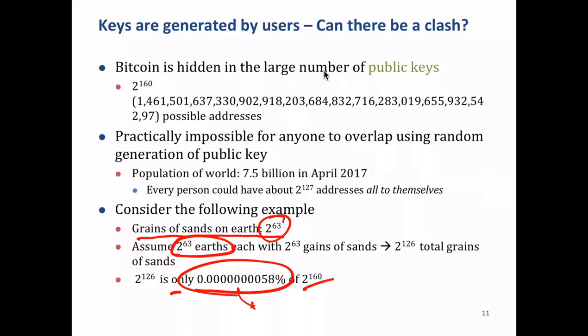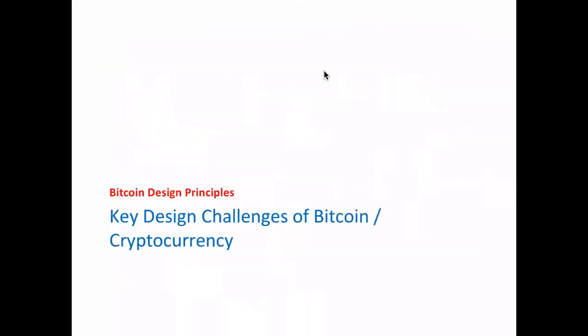So basically, although you are generating keys randomly, the probability of two people having the same key is very, very small. If it happens, it's your bad luck, or the bad luck of that person who also has the same key. All right, any question? Let's move on.